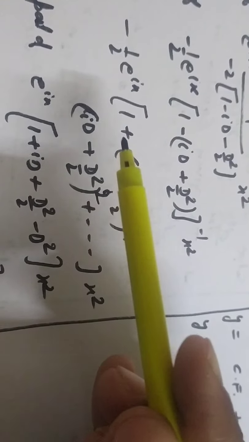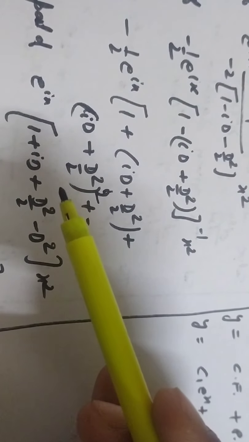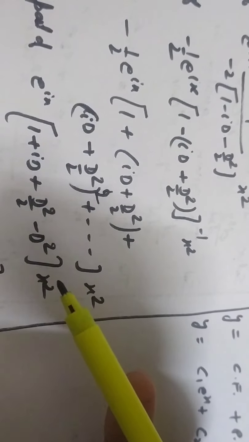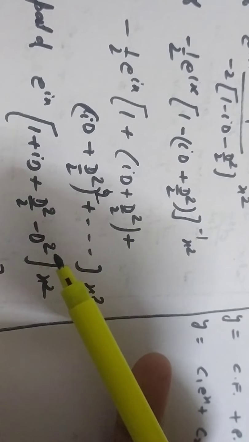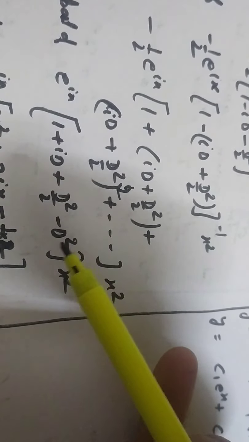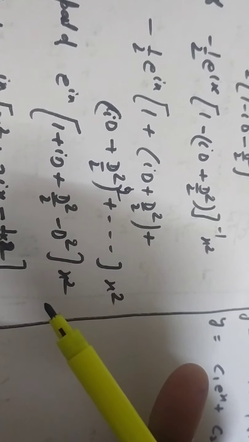So you just simply open this bracket and simplify. You will get 1 plus iota D and D square over 2 minus D square. You multiply x square with each and every term in this bracket, and D on x square will give you 2x, and minus D square over 2 will give you 2 only. Differentiating x square 2 times, you will get 2 only.